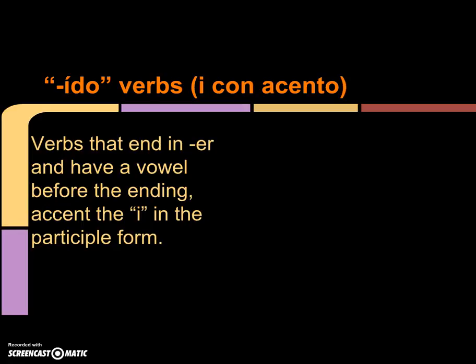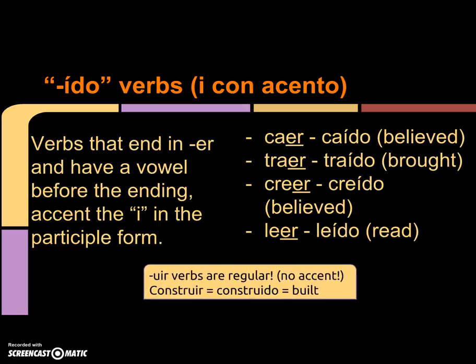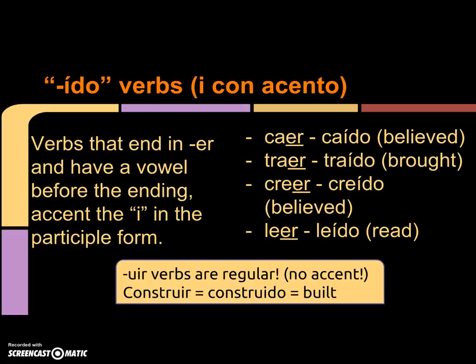So real quick, we need to talk about ido verbs, the I con acento. So verbs that end in ER and have a vowel before the ending accent the I in the participle form. So words like caer, traer, creer, and leer all have accented I's in their participles. But I don't want you to worry about UIR verbs.